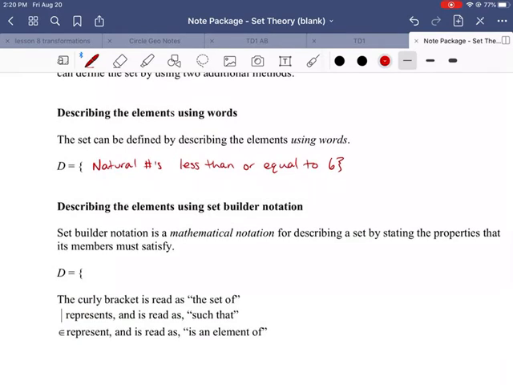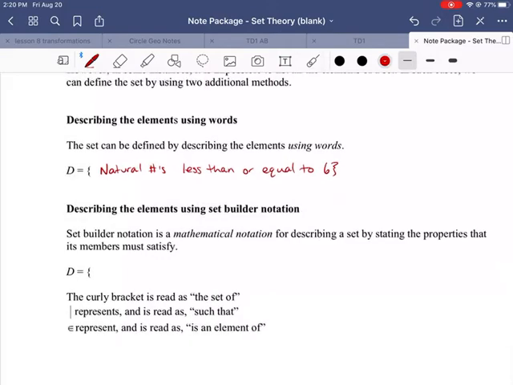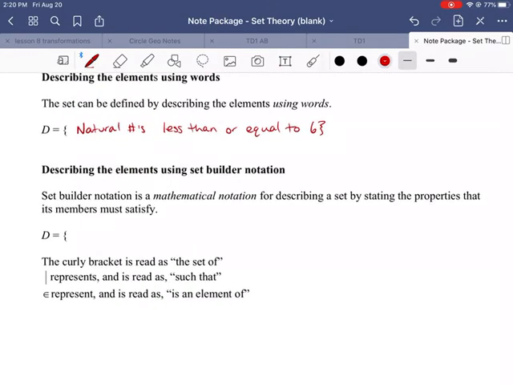We can also describe this using set builder notation. So it's a mathematical notation for describing a set by talking about the properties that it must satisfy. So the set D, we're going to be talking about x. All right, so the straight line that I'm going to put here refers to such that.